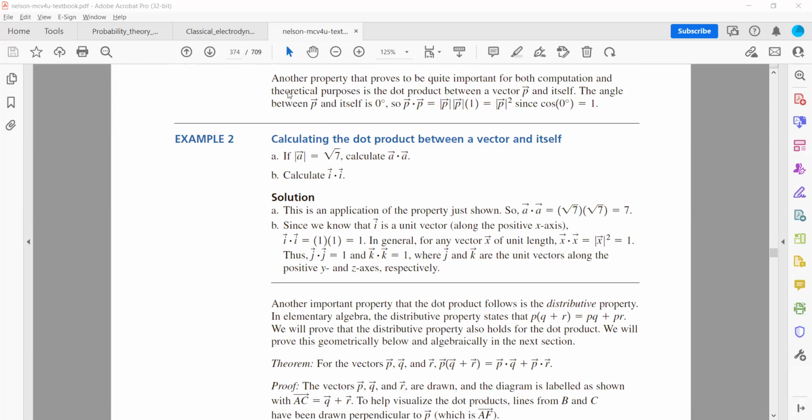Let's take a look at example number 2. In this case, we're given the vector A, which has a modulo equal to the square root of 7. And we are also given two unit vectors, i. These are unit vectors in the x-axis usually.